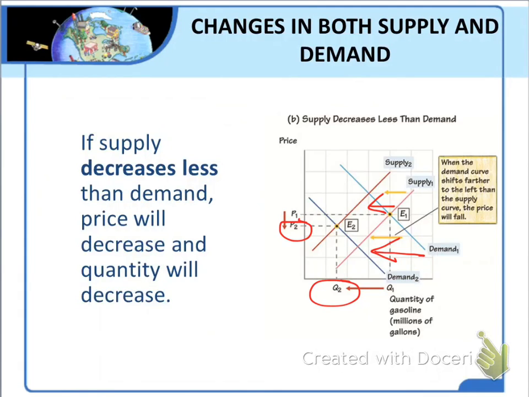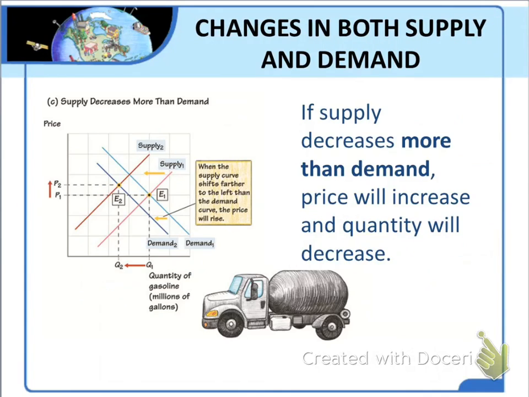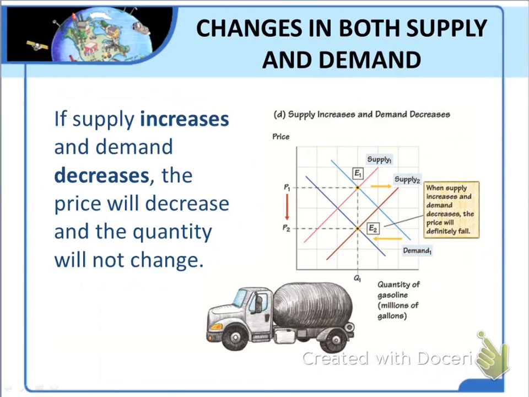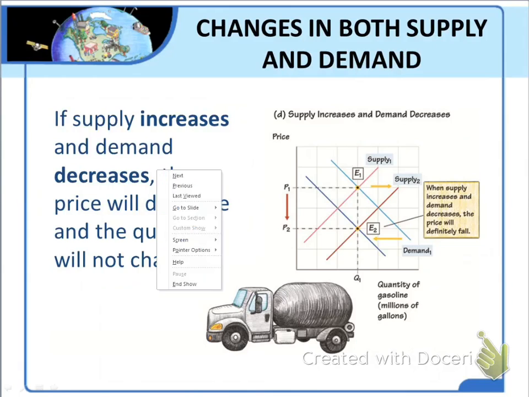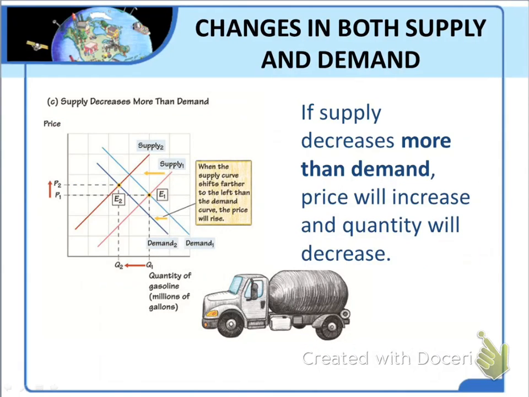And so when that happens, not only does the quantity fall, but the price will fall. But what if we move those curves in the same direction, but in a different way? If supply decreases more than demand, price will increase and quantity will decrease. Notice here we're shifting both curves to the left, but the shift of the supply curve is greater than the shift of the demand curve.